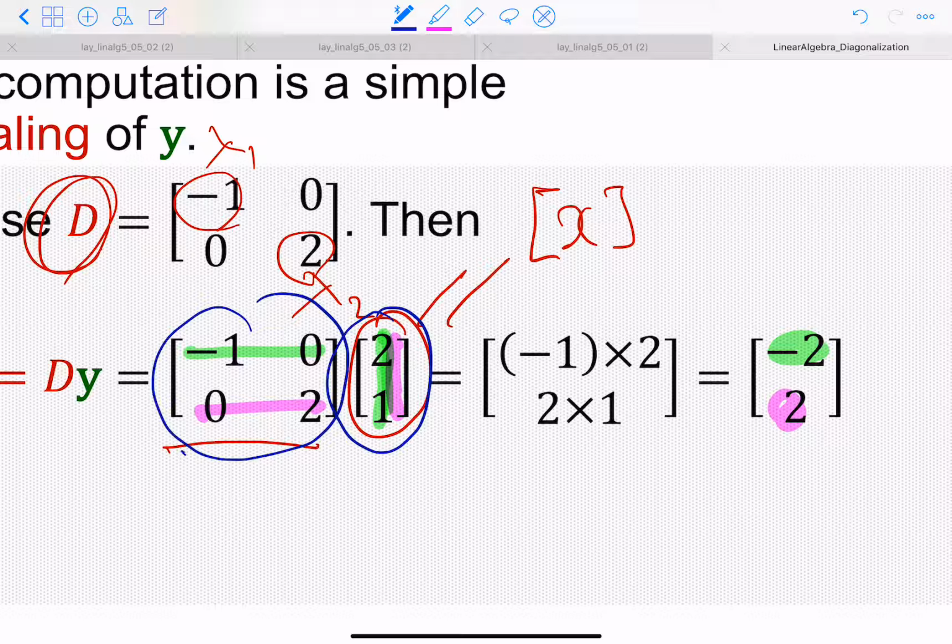But here, by the fact that our matrix D is a diagonal matrix, we can simply perform element-wise scaling. So even though it looks like matrix times vector, D times y, it is not really matrix multiplication. It's just a scalar multiple of the corresponding elements.